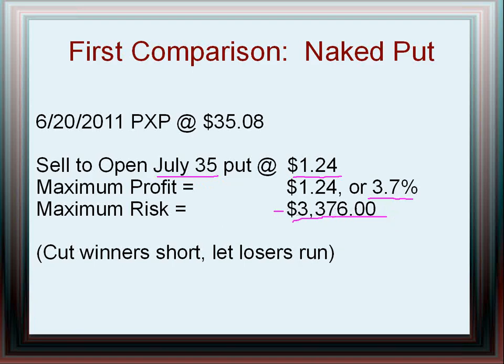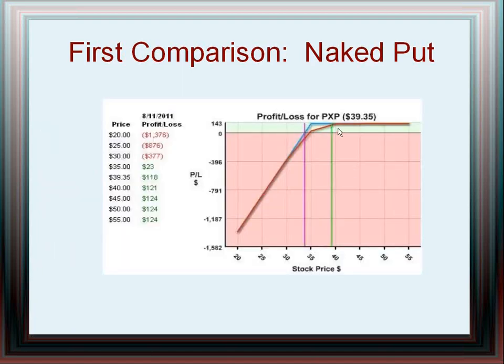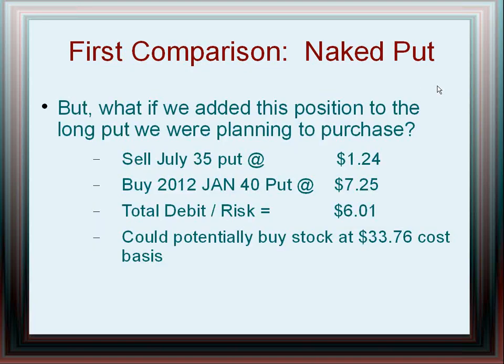Those of you who are familiar with the covered call profit and loss chart and the naked put profit and loss chart, this goes opposite of that axiom we want to focus on. In this position here, we're cutting our winners short, and we're allowing our losers to run. This is not where we want to be, right? We want to be in that other position where we're allowing our winners to run, but we're cutting our losers short. And as Phil mentioned, you can do that with just buying options, and we'll look at that comparison too.